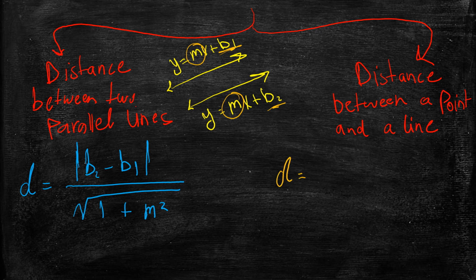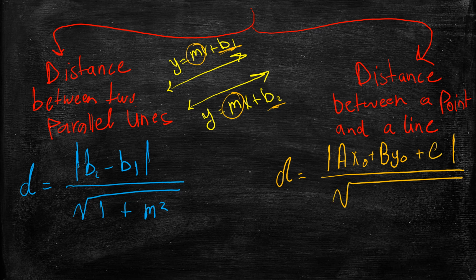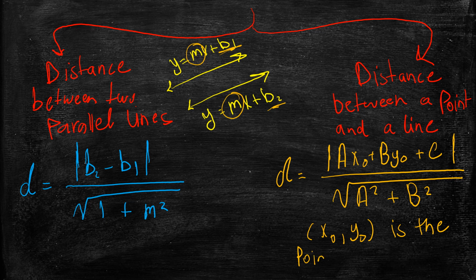The distance is the absolute value of a x0 plus b y0 plus c divided by the square root of a squared plus b squared, where x0 and y0 is the given point and the line is written in standard form. So the line should be written as ax plus by plus c equals 0.